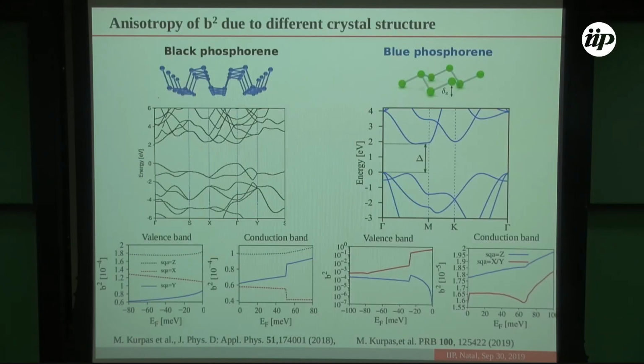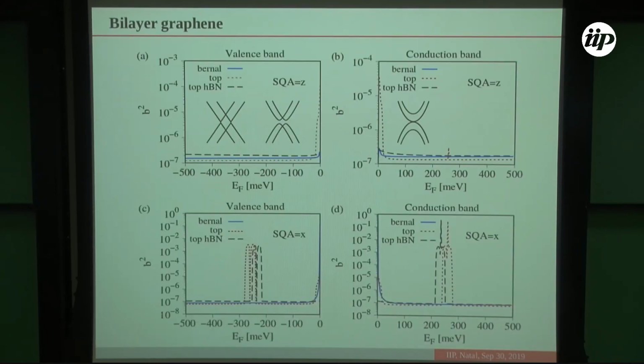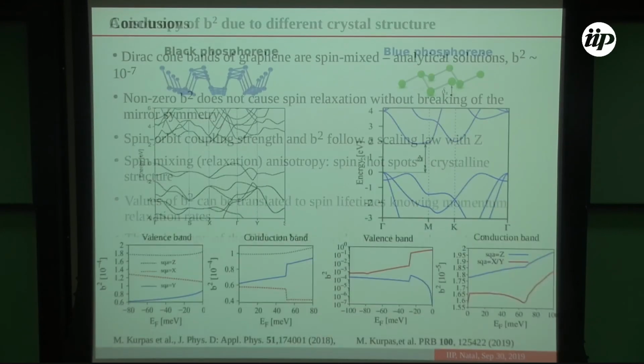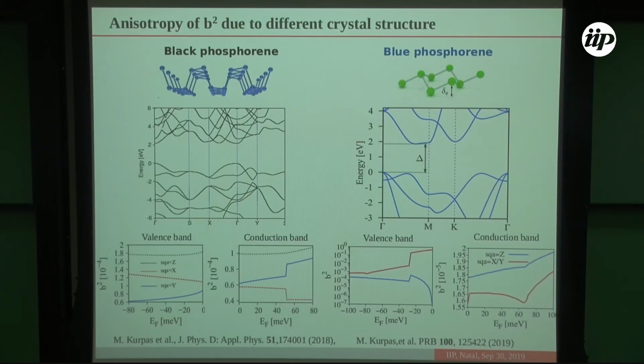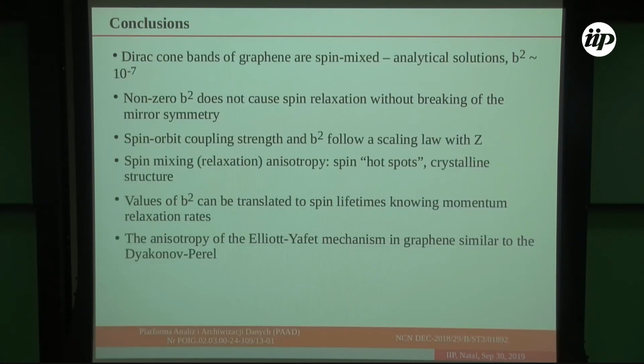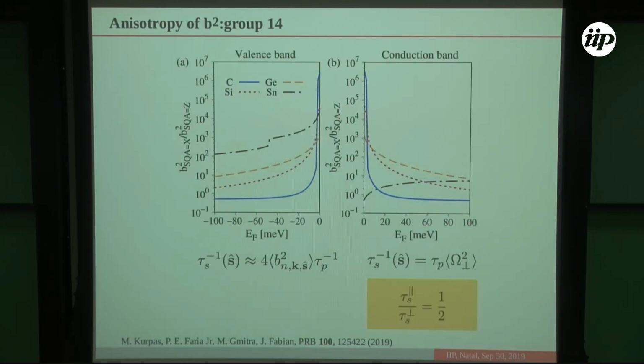But there is one more thing. I talked to Ahmed, asking experimentalists what the fluctuation of the Fermi level in graphene is, and this is of the order of tens of milli-electron volts. And I showed you here that there is a spin hotspot if we inject spins in plane.